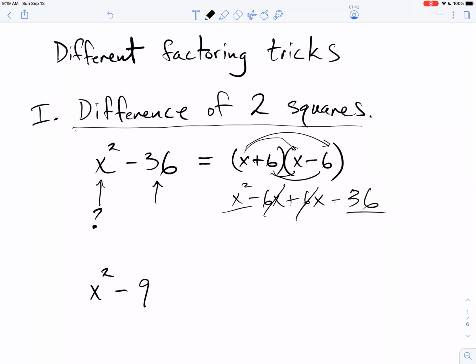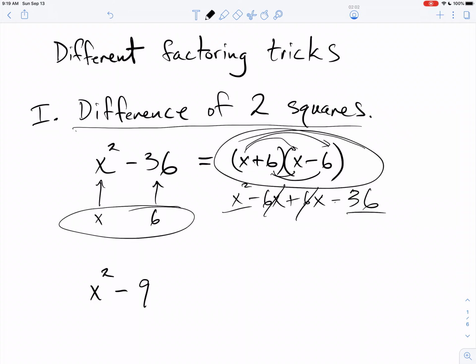Well, the answer would be x. And then what would I have to multiply by itself to get 36? Well, the answer would be 6. And then you take those two guys and plug it into your binomials.